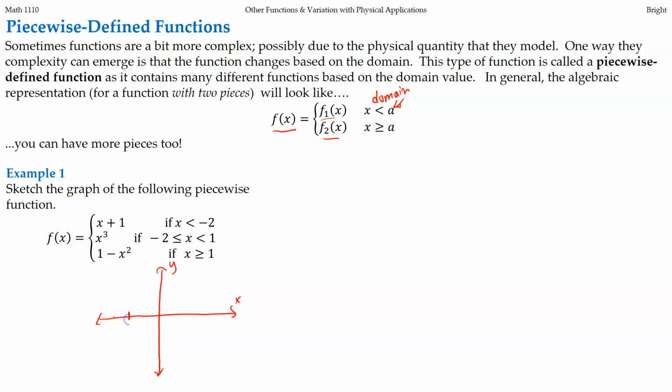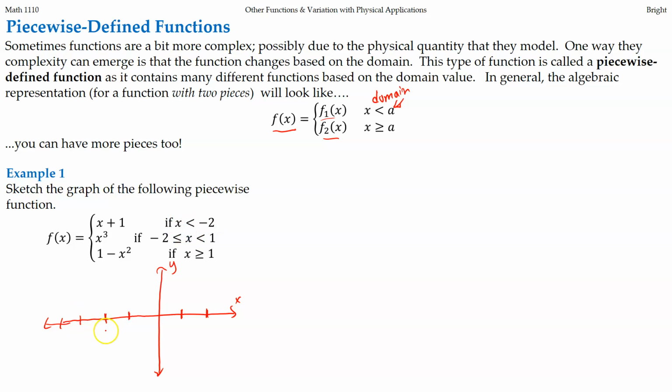So let's do -2 like that, and then 1, 2. I'll worry about the vertical axis in a moment. I'm going to extend this way just a smidge.